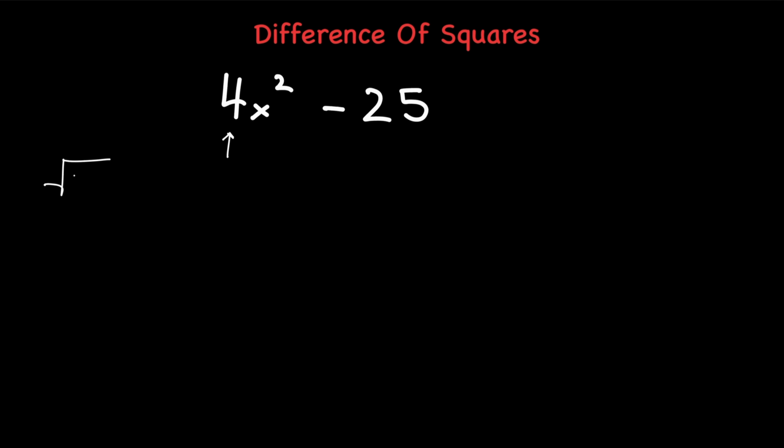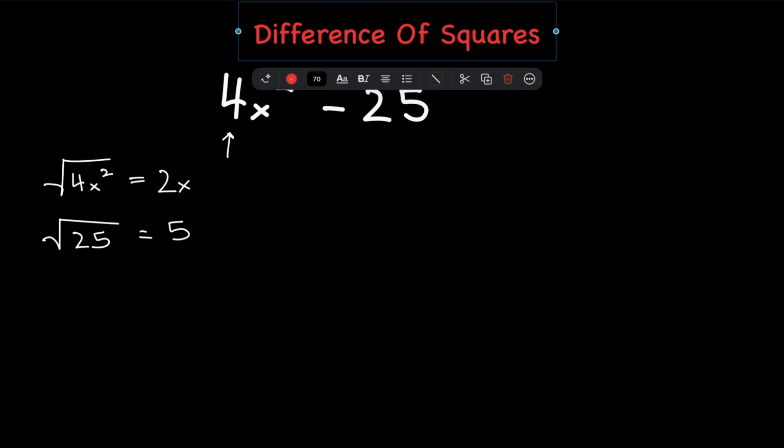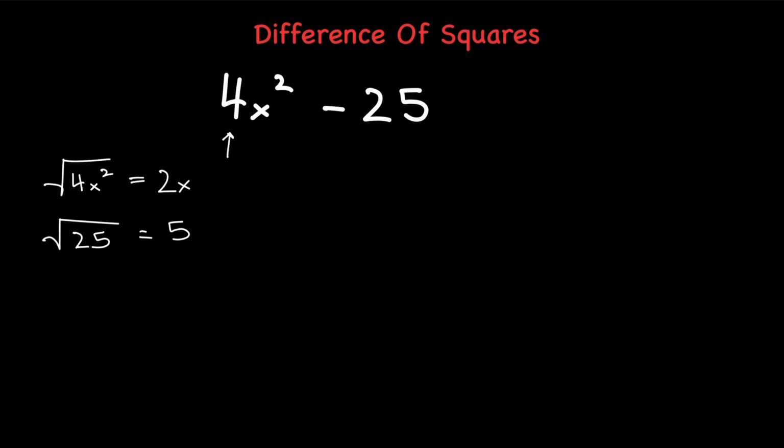So if we write the square root of 4x squared, the square root of 4 is 2, and the square root of x squared is just x. So the square root of 4x squared is 2x. And then the square root of 25 equals 5. And so for this expression, 2x is our term 1, and 5 is our term 2.